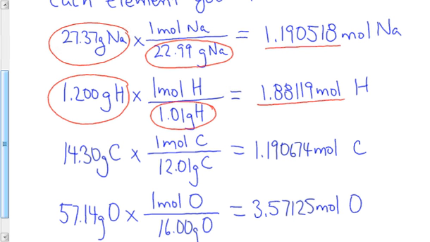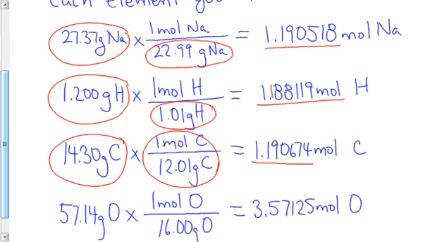I think I wrote that wrong. Sorry, I left out a 1 here. 1.18819 moles. Okay, keep going with carbon. Here's the mass of carbon that I have. I multiply by using my conversion factor for the molar mass of carbon to find out how many moles of carbon I have.